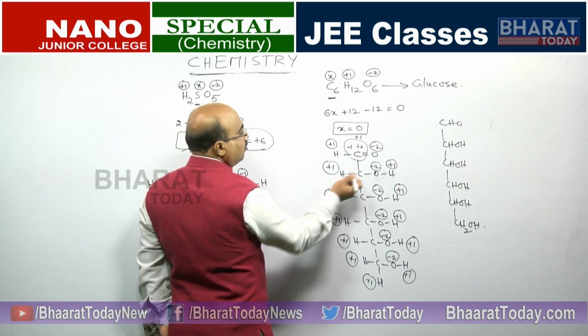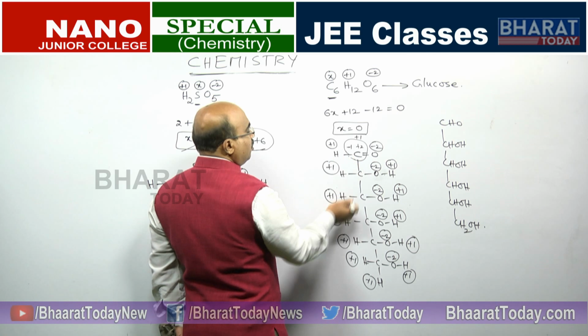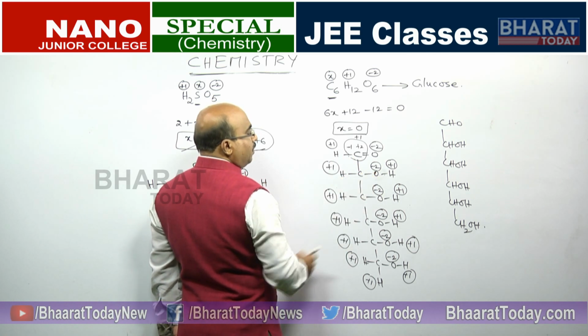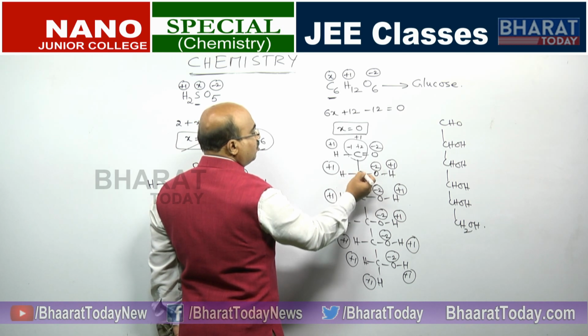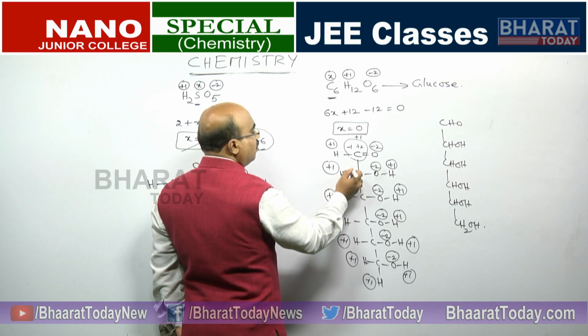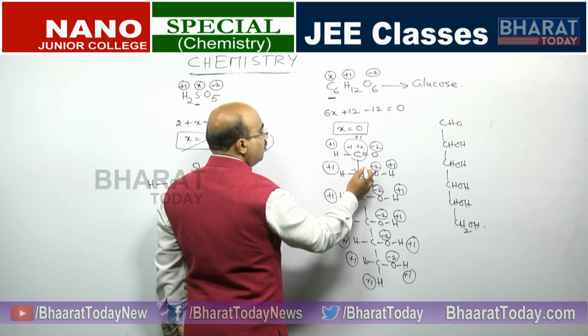What about this carbon now? This is carbon, this is carbon, so these two bonds are ruled out. Oxygen develops +1, this hydrogen develops -1. So, -1 here, +1 here, so this is 0.